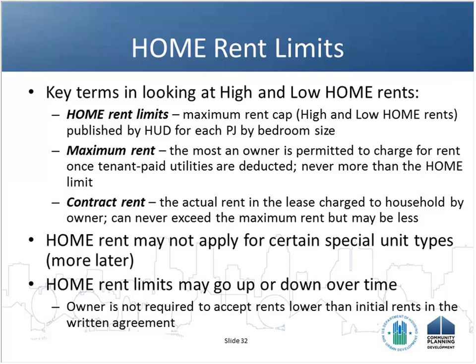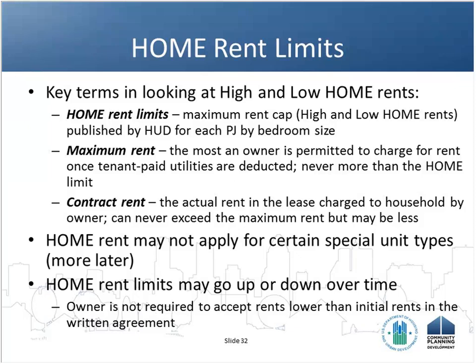Keep in mind that that maximum rent is including any tenant-paid utilities. So we're going to be talking a little bit about utility allowance schedules, and we're essentially using those to determine what that out-of-pocket utility payment is going to be for that tenant, and we have to reduce the HOME maximum rent by that amount of tenant-paid utilities.